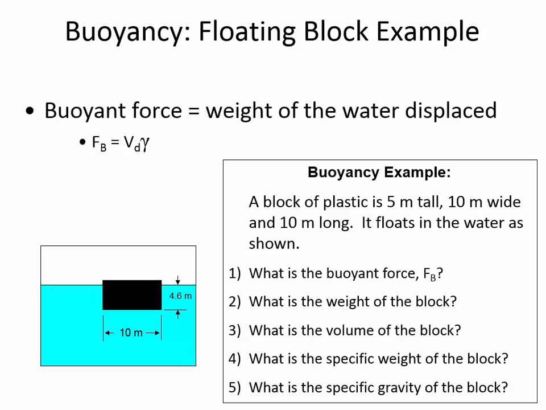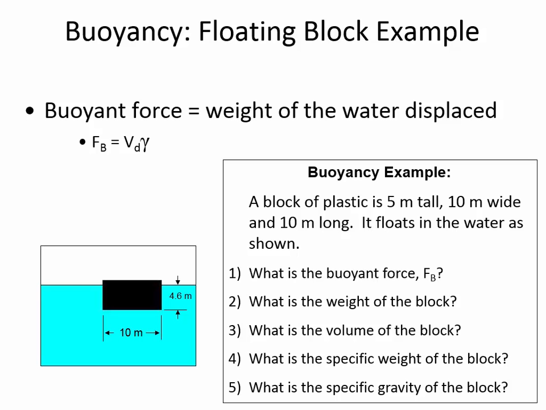So why is it floating this much under the water? Why isn't it floating, like here's the water, why isn't it half and half? Why isn't it 2.5 under the water line and 2.5 above the water line? Why is it just peeking out a little bit like this? Okay, so you noticed a trend.